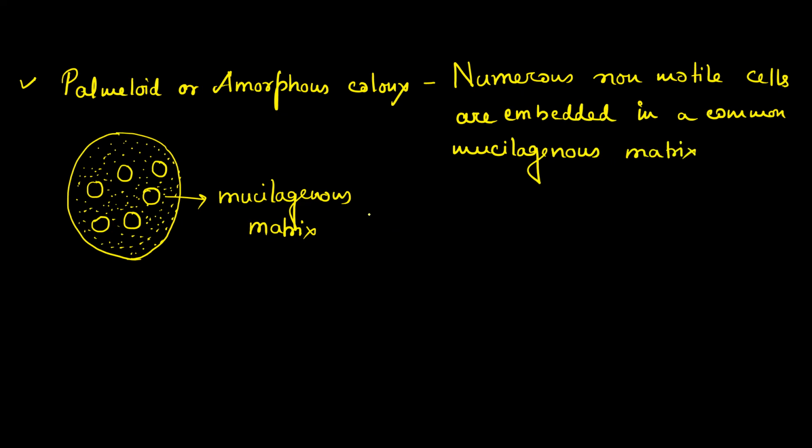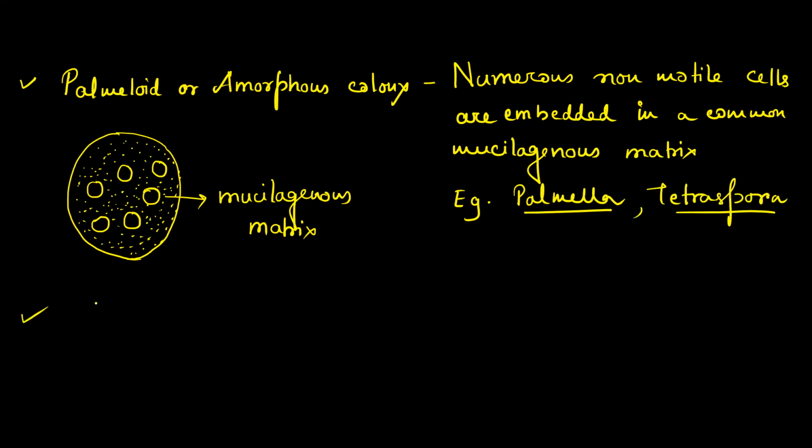Here, all the cells are independent and fulfill all functions of an individual. Please remember, these cells are all independent. Examples, you can write Palmella. You can also write Tetraspora.